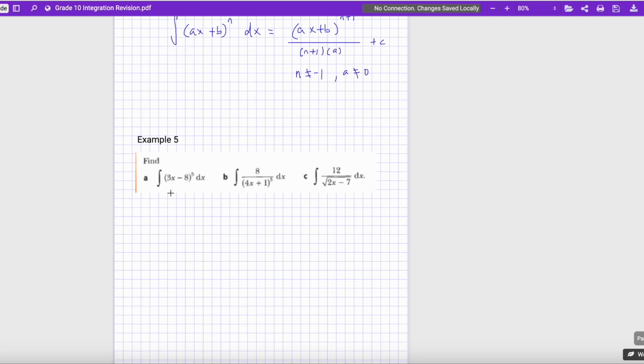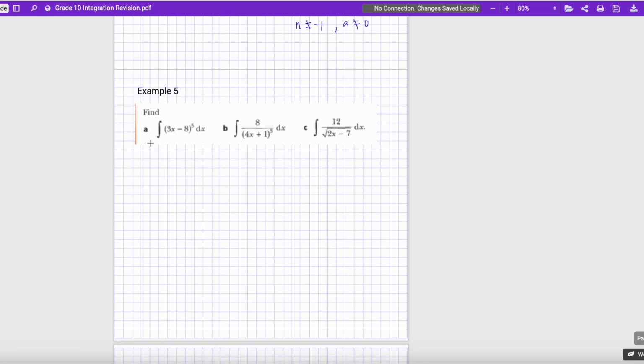Alright, let's look at example 5. We look at these 3 examples. Let's try a first. So we're going to integrate (3x - 8)^5 dx. Like what we mentioned, we just add 1 to the power, so 6.